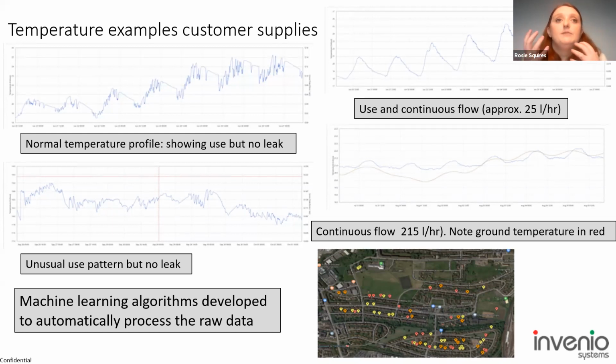If that property or commercial business has a continuous flow past that point, then it will never return to that ground temperature, and the temperature of the water in the main is the temperature in that stop tap, because it's constantly drawing water through. There are a couple of different profiles for varying sizes of leaks, but that's the standard procedure, and so we can log individual supplies and get that data back, whether they're metered or unmetered. Next slide.